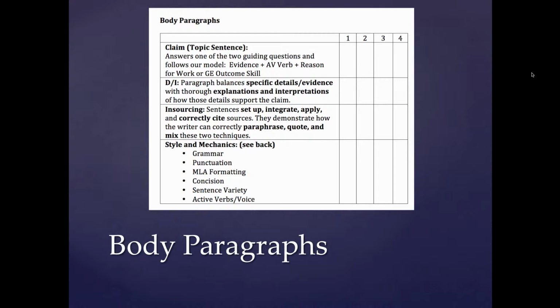And the insourcing also follows the same model: set up, integrate, apply, with a little more emphasis on correctly citing and on the skills of paraphrase, quote, and mixing these two techniques, which become a little more complex when you research a larger variety of sources like we have here. And of course, style and mechanics are always a major focus.